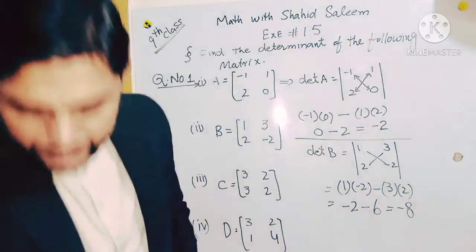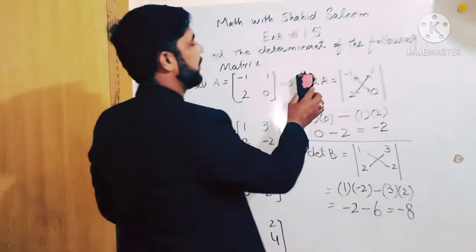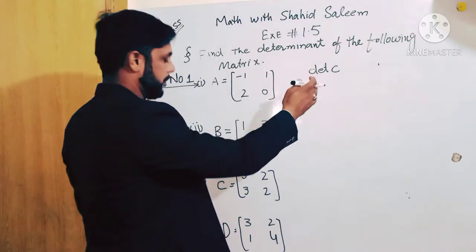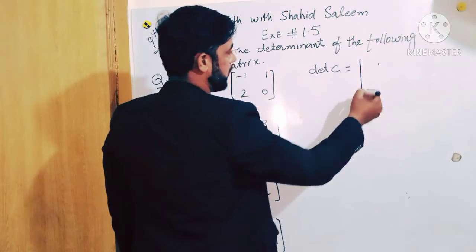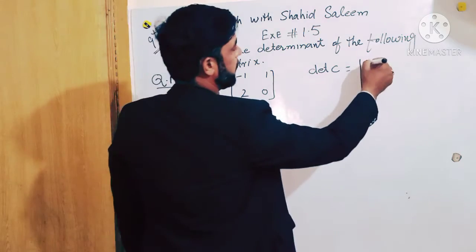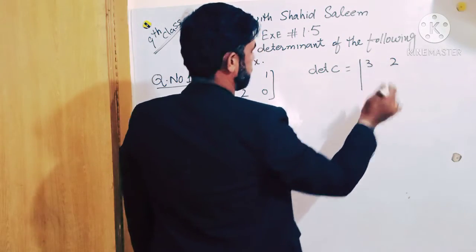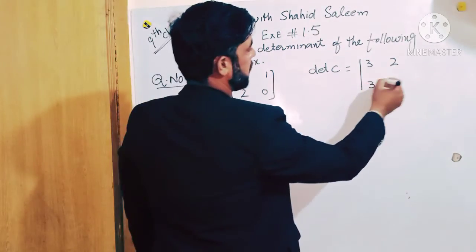And also we find determinant of C. C matrix is equal to determinant of 3, 2, 3, 2.